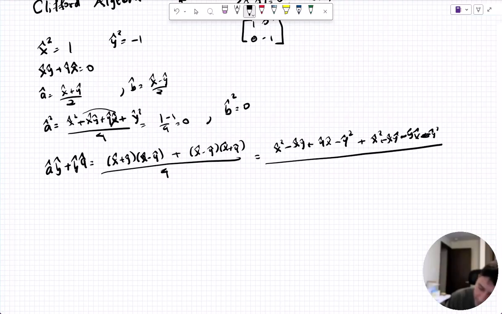Oh, this will be a minus y squared, divided by 4, right? So we get some cancellations, right? This one cancels with that one.